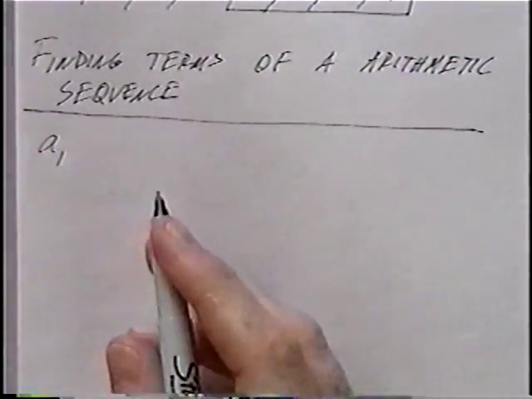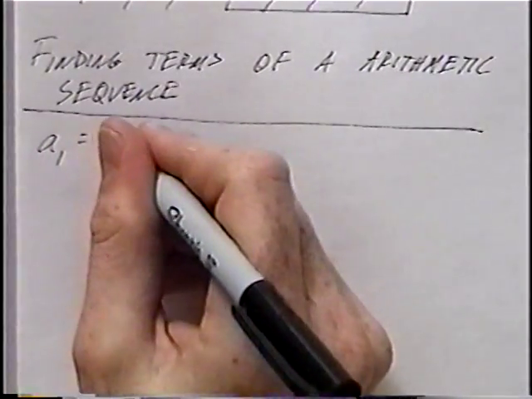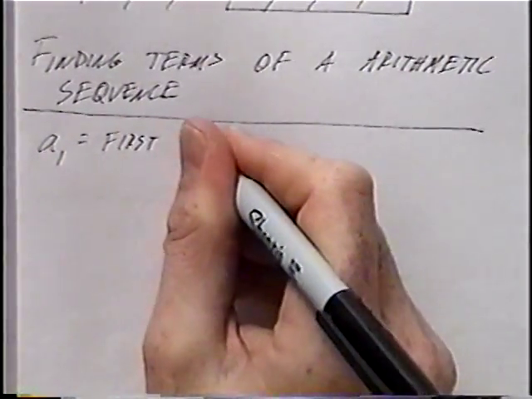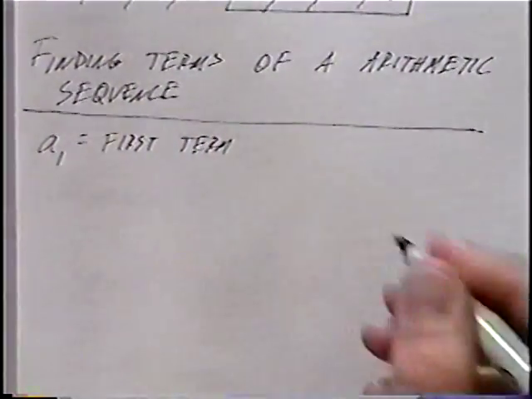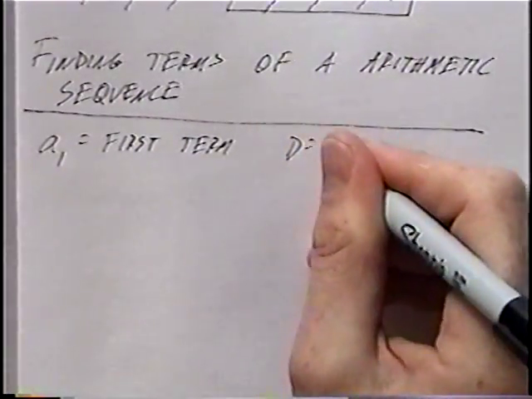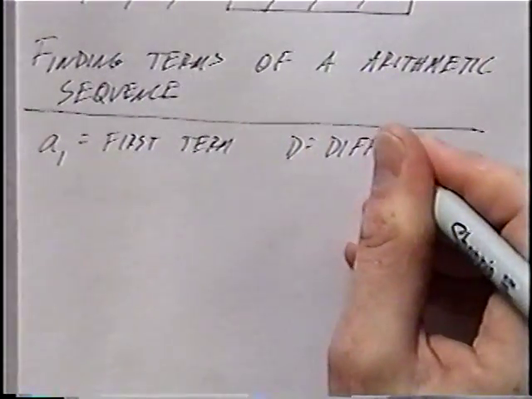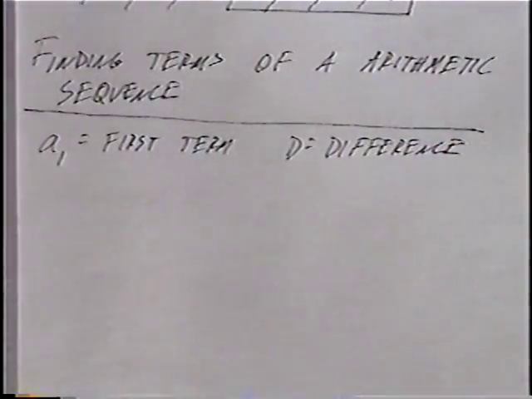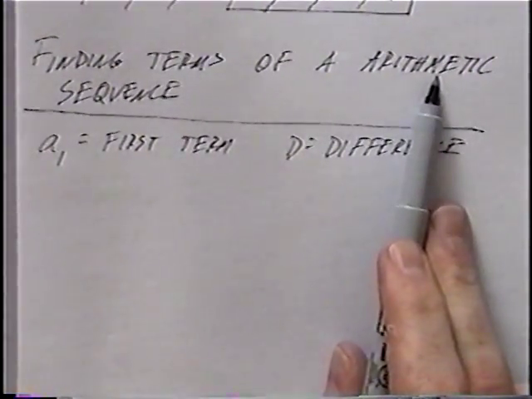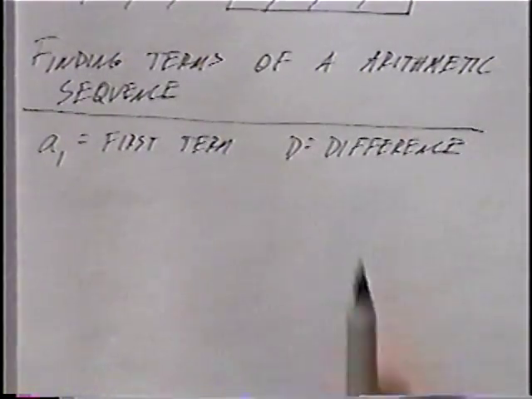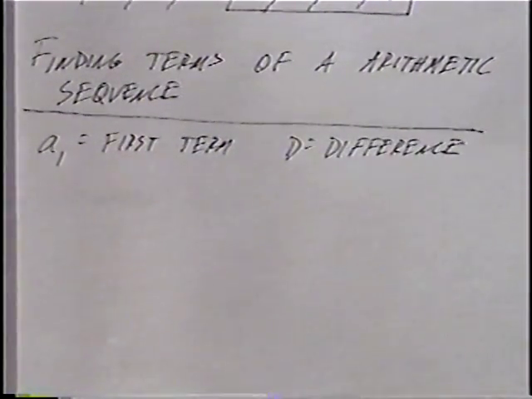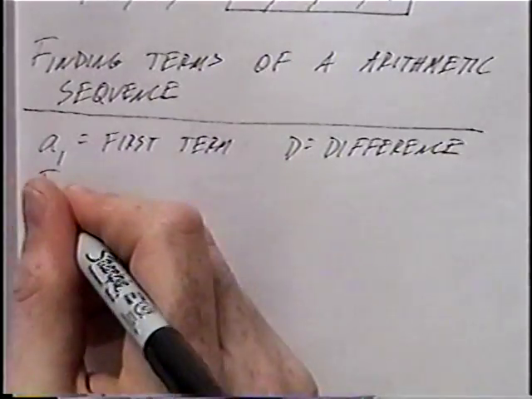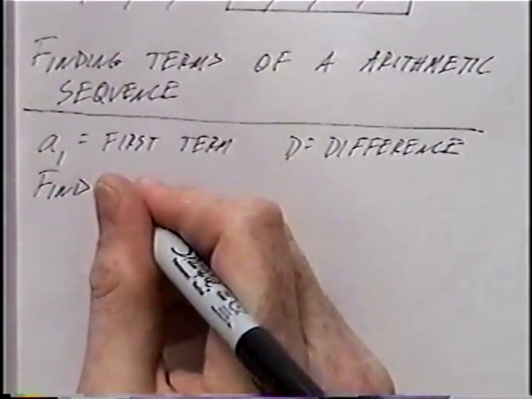A sub 1, or A1, equals the first term of the sequence, and D will be the difference of the sequence. Again, arithmetic sequences go either up or down by the same number, and that number would be the difference. For these problems, we will find the first 5 terms.